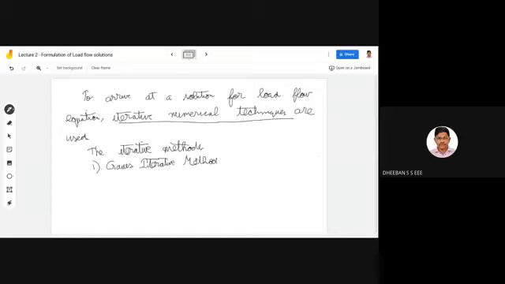The second one is the Gauss-Seidel method, basically called GS. The third one is Newton-Raphson, which they call the NR method.